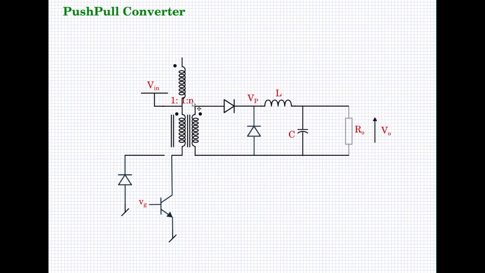Next I will clear up some clutter here and now connect this. Now this diode portion is actually connected here, and instead of connecting a diode, I will connect one more switch in the place of the diode. So I will connect this transistor like this at this point.